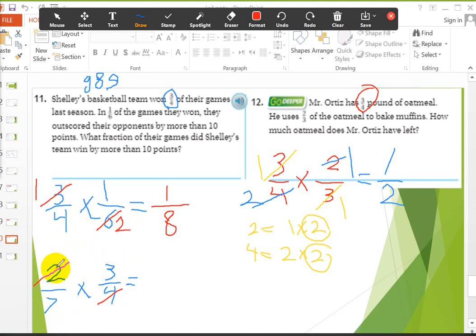Yes, right. Now 2 divided by 2 equals 1. 4 divided by 2 equals 2. Thank you. Let's multiply. 1 multiply 3 equals 3. 7 multiply 2 equals 14. Thank you, Manal. Excellent.